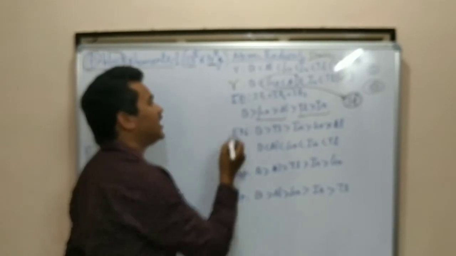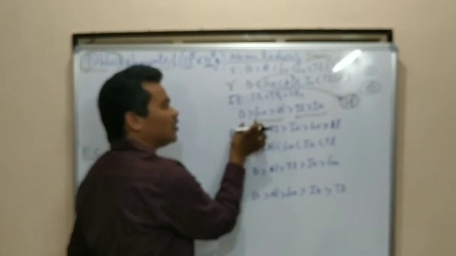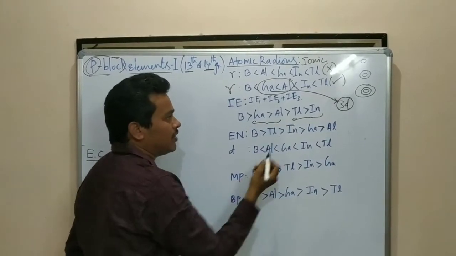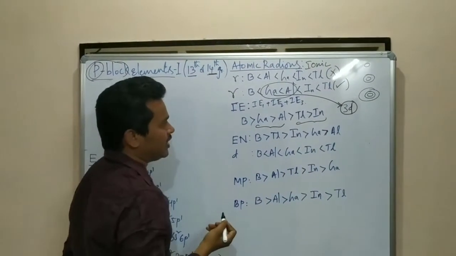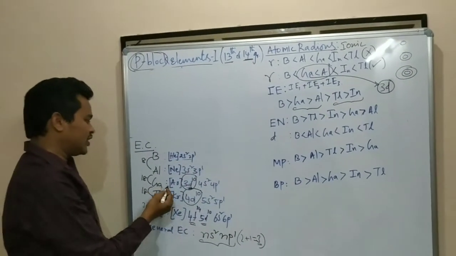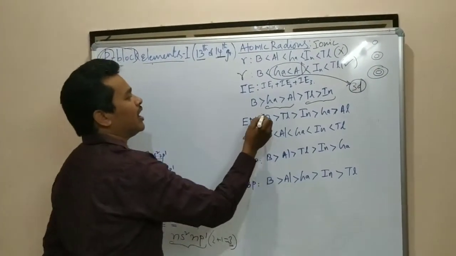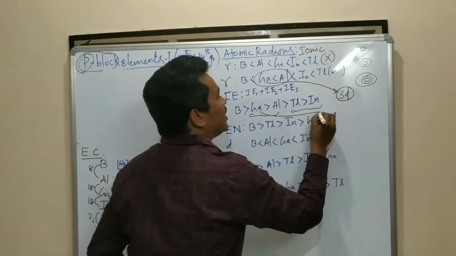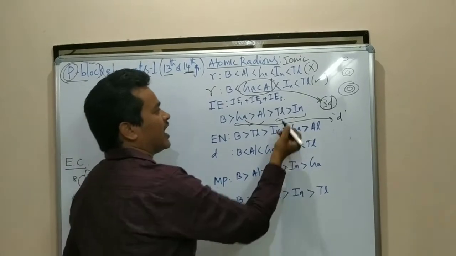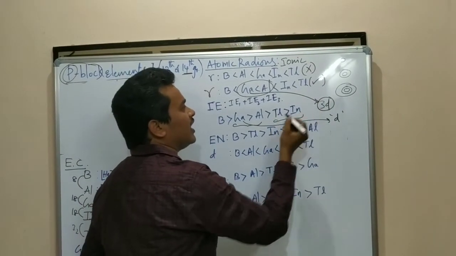So finally, ionization enthalpy follows this order. Here gallium is greater than aluminium, thallium is greater than indium. Because in gallium there is a poor shielding effect due to the d orbital. Actually thallium is greater than indium.